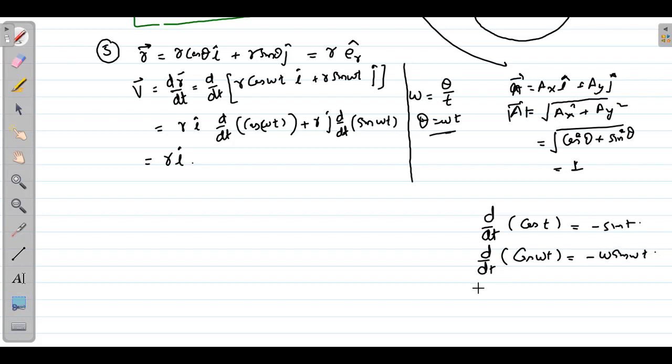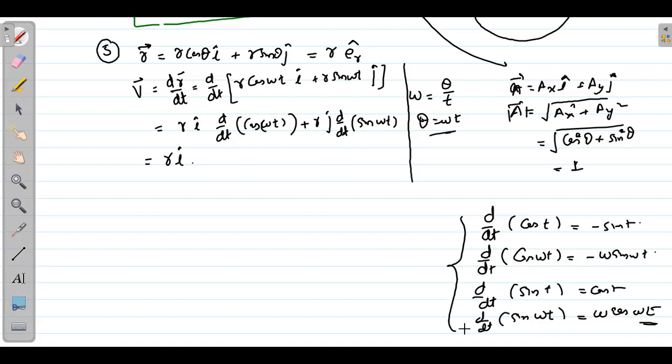This formula we have to remember. Differential of sine t equals cos t, and differential of sine omega t equals omega cos omega t. These formulae we have to remember.